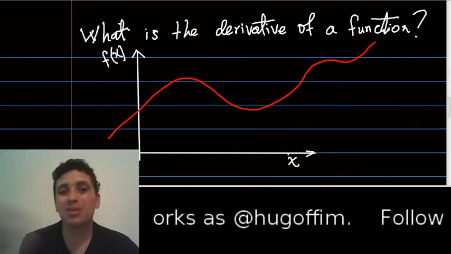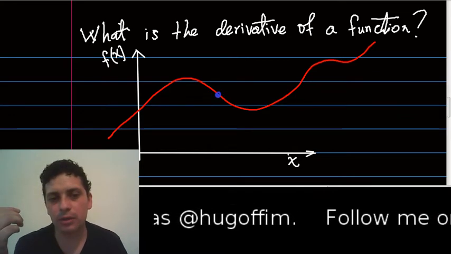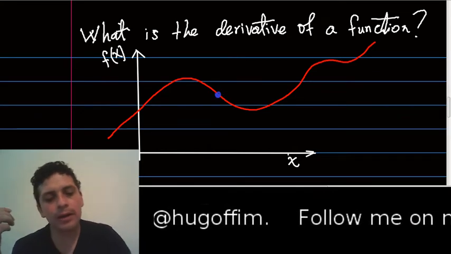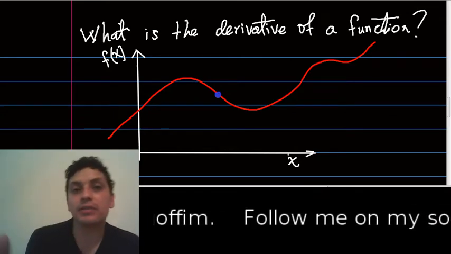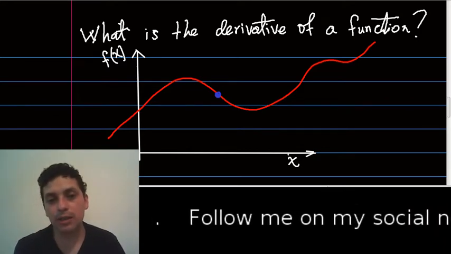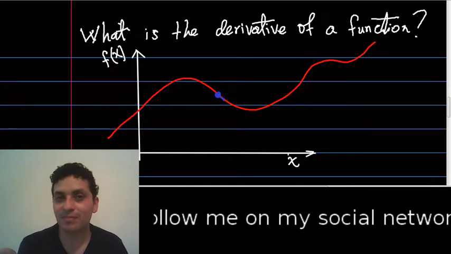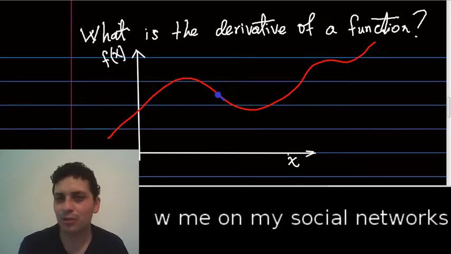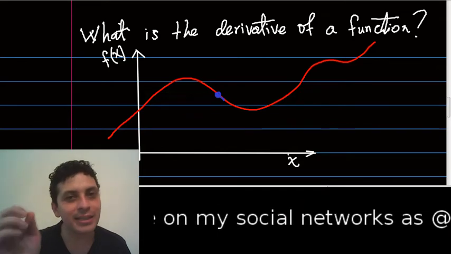We can know just by checking any point, let's say this point, whether the function is increasing or decreasing. So for example, here you can see the function is going to decrease. Very good. But how is it going to decrease? That's the question that we need to solve.